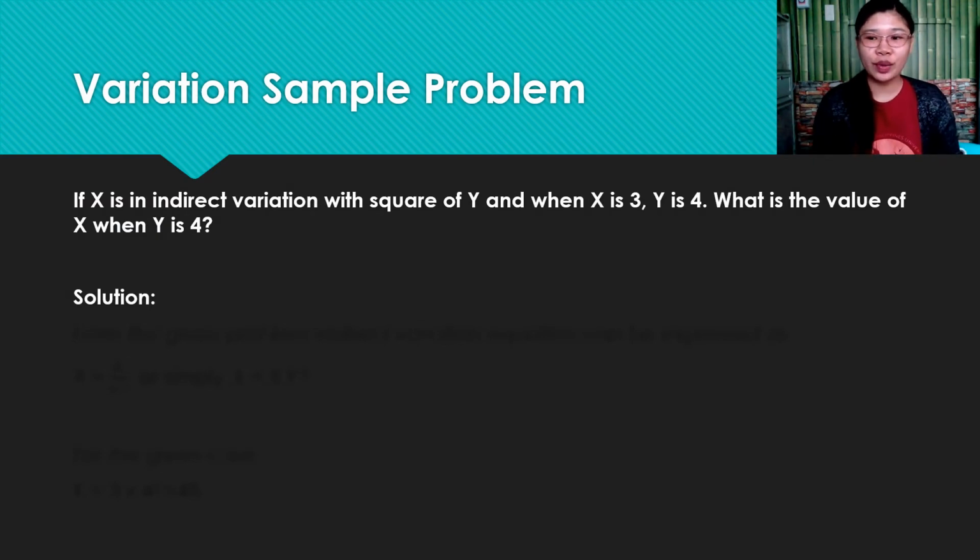As a sample problem for variation, the question goes like this. If x is in indirect variation with the square of y, and when x is 3 and y is 4, what is the value of x when y is 4?